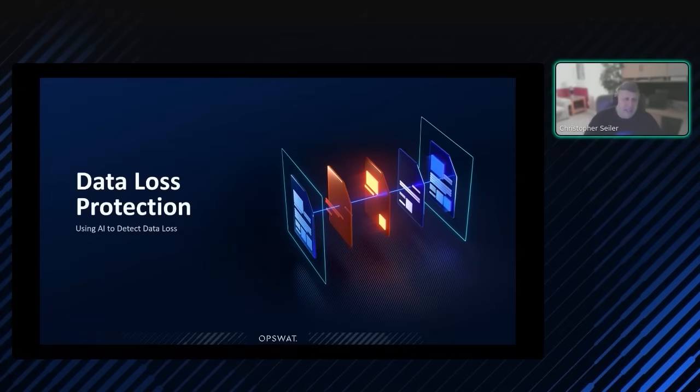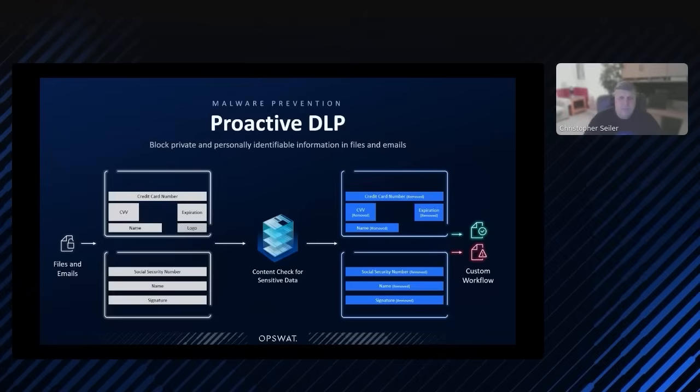The last thing that I would like to discuss is our data loss protection. So we currently have a proactive DLP engine that will look at different types of information and be able to say, okay, is there a credit card that is going to be leaked outside the organization? Is there a social security number that may be leaked out? We have used regexes in the past for this detection. But most recently, we have started integrating AI technologies.